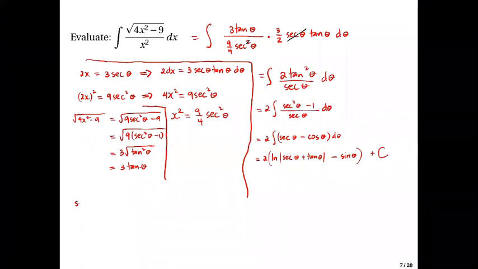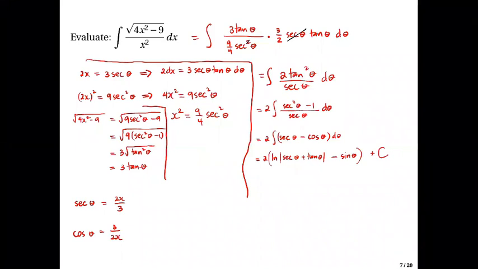You got secant theta. So from this here, we write secant theta, it will be 2x over 3, or we have cosine theta equals 3 over 2x.